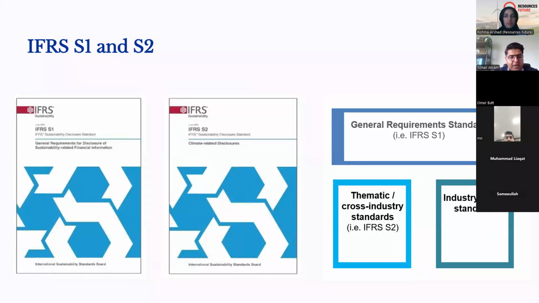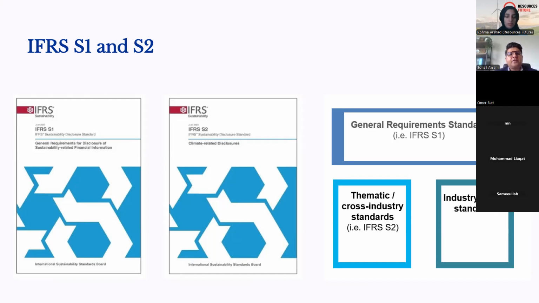Now moving towards these standards. So far, ISSB has issued two standards on sustainability reporting. They are IFRS S1 and IFRS S2. S1 is the general standard on the general requirements, and we will be looking at it in depth.